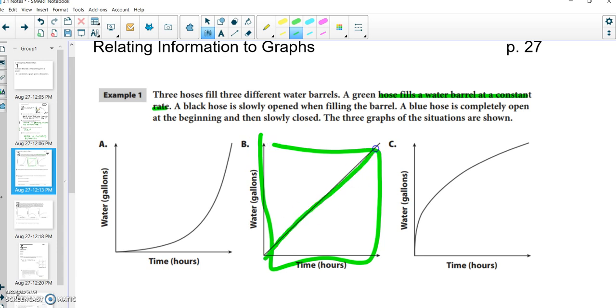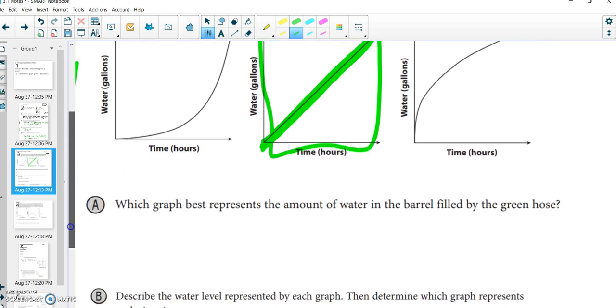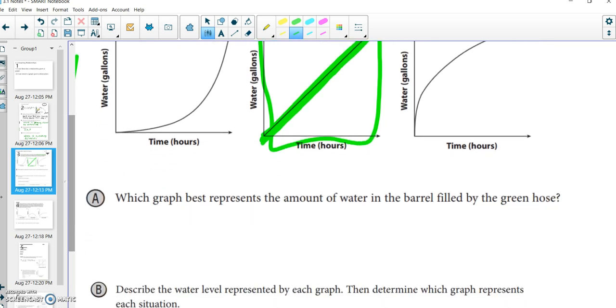This is a constant rate of change, okay? When we're looking at the rate at which the water is flowing, it's a consistent rate. It doesn't really change. It's always going at the same amount of gallons per hour. So which graph best represents that? That would be graph B.